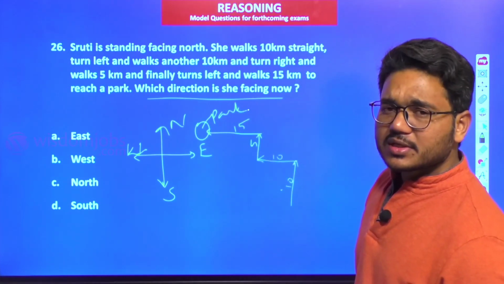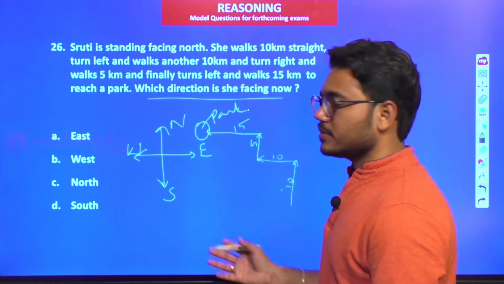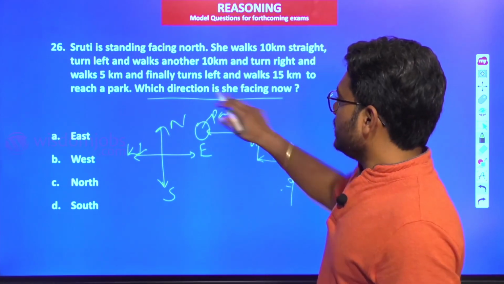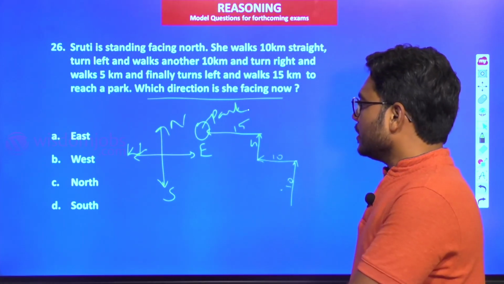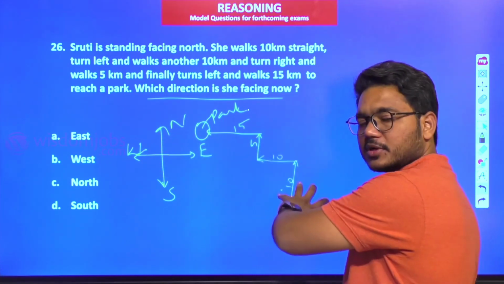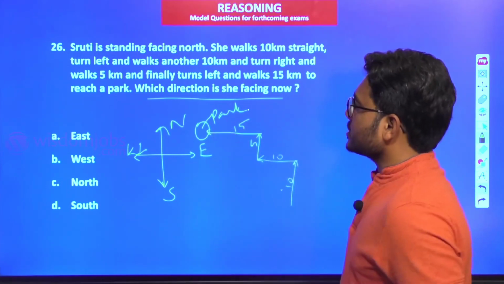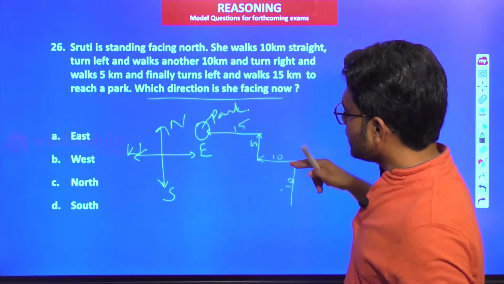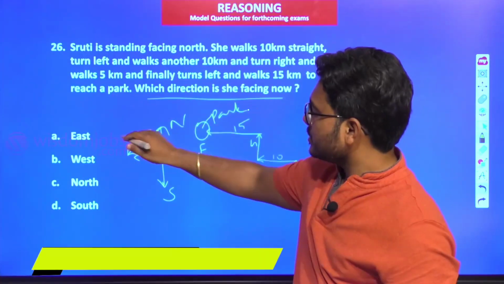These are anyway redundant data. We need not worry about the park or wherever she goes. Which direction is she facing now? We have got the basic chart here, so according to this map we draw these directions. She has moved till this point, the park, and she is facing in this direction, which is west.